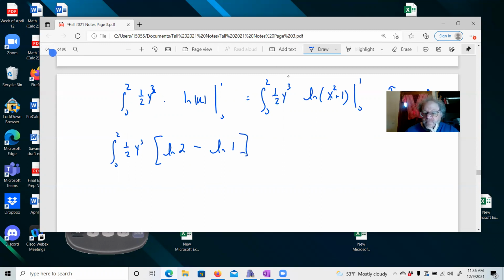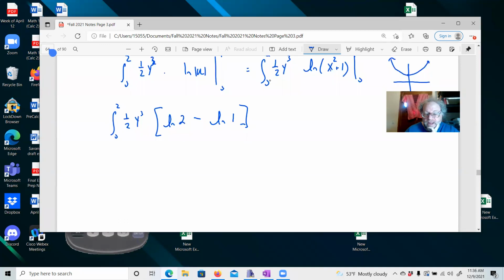Well, that's 0. So here we have our integral from 0 to 2, we have ln 2 over 2 y cubed. Again, I would just move this through. I don't want to look at it, it looks a little intimidating. We just put it there and deal with the 0 to 2 here, y cubed.